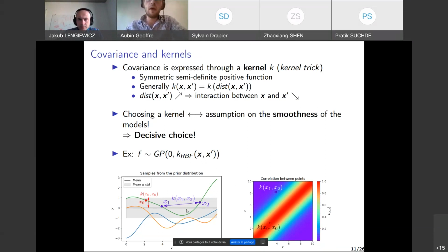Here we have a low interaction between those points, as they are quite remote from each other. Here are three samples, but if I increase the number of samples, then I will retrieve the gray distribution: 0 mean and a dispersion following the gray curve.